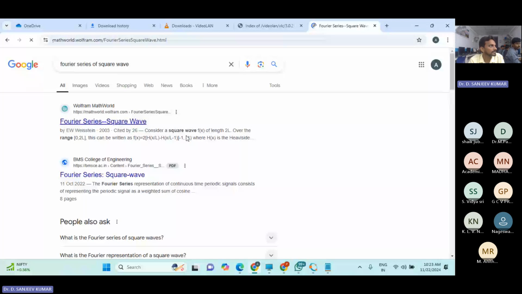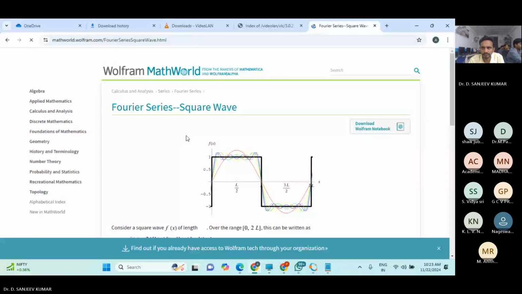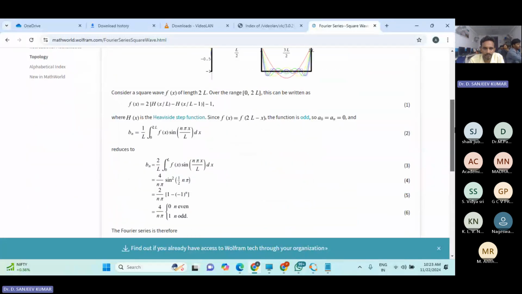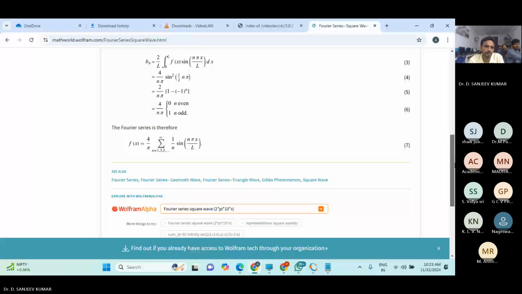A square wave is obtained by mixing sine waves with different frequencies.